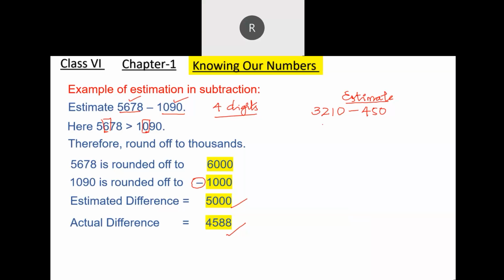Varun: 2400, sir. This particular number, 3210, has 4 digits. 450 has 3 digits. So we will round off to the nearest hundreds, not thousand.